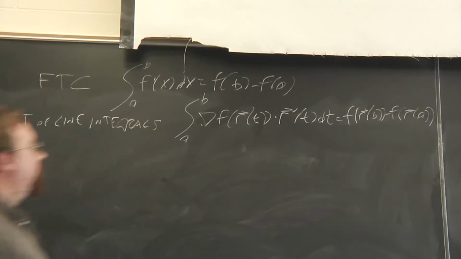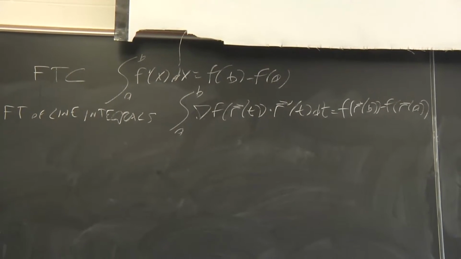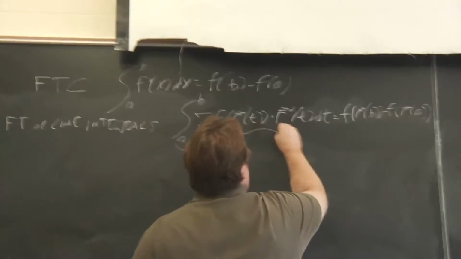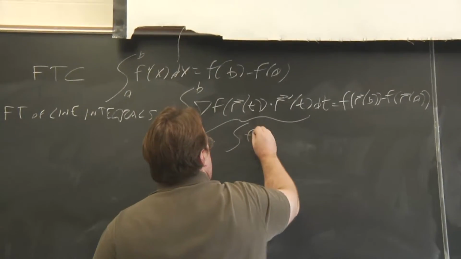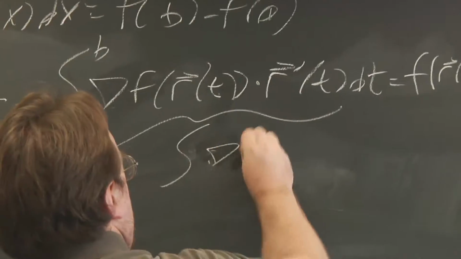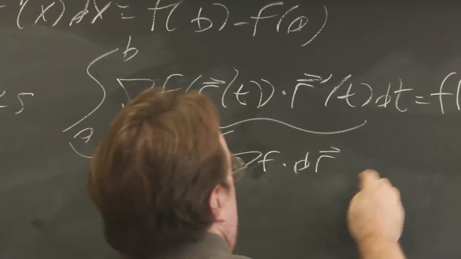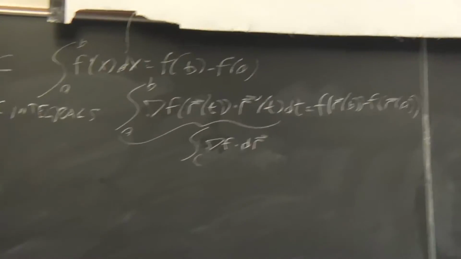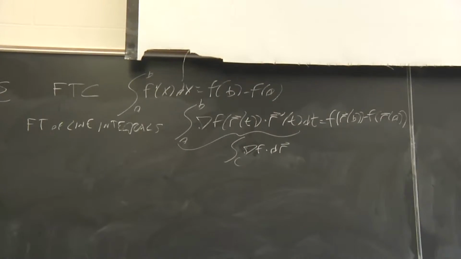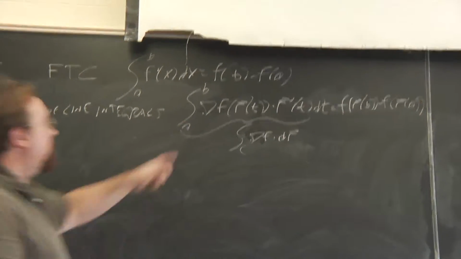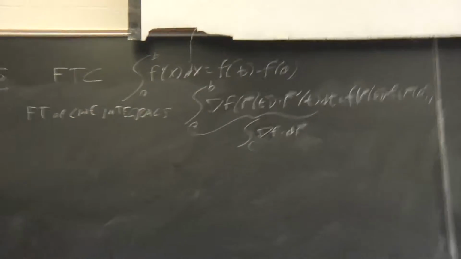That if you have a conservative vector field, its integral over a curve is just equal to the function f evaluated at the endpoints of the curve, just like we have the endpoints of the interval in this case.